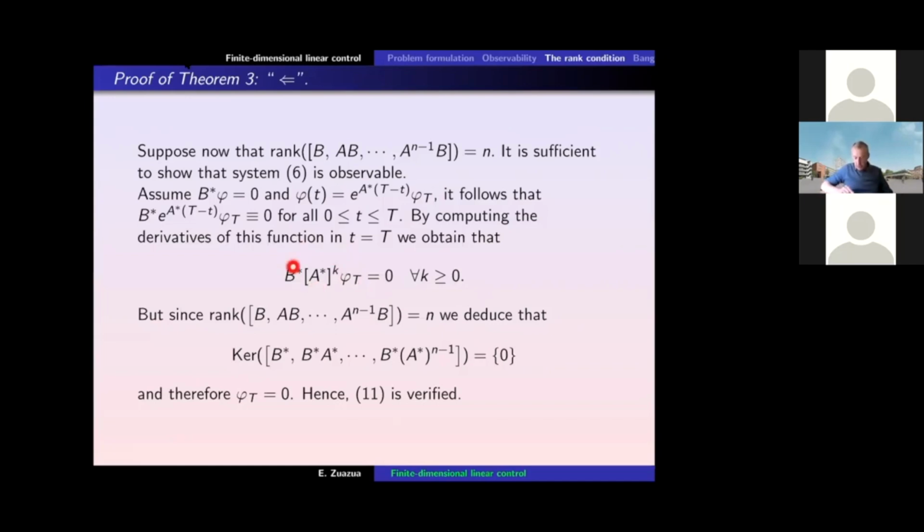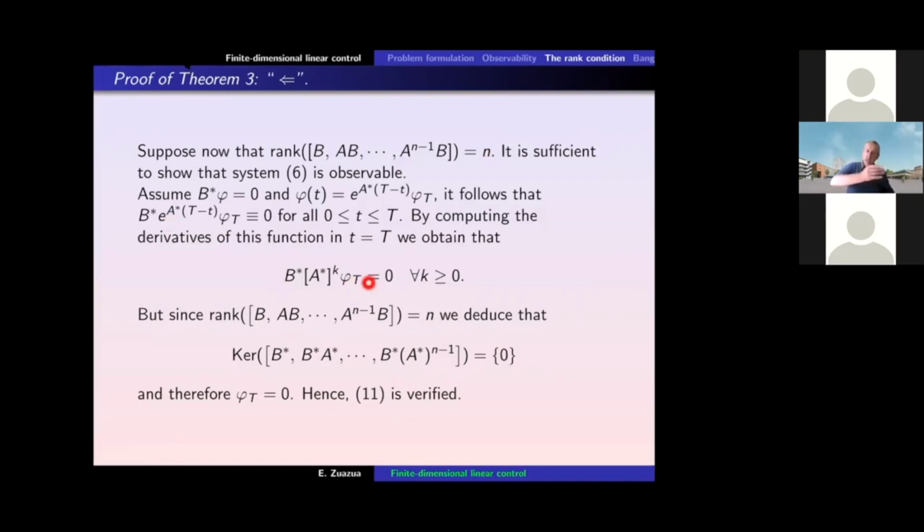But the kernel of this matrix is equal to 0 if and only if the rank of the Kalman matrix is equal to n. So because the rank of the Kalman matrix is full, the kernel is 0, and then the only phi T fulfilling all these null conditions, which is equivalent to B star phi equal to 0, is phi equal to 0. That's the first proof.